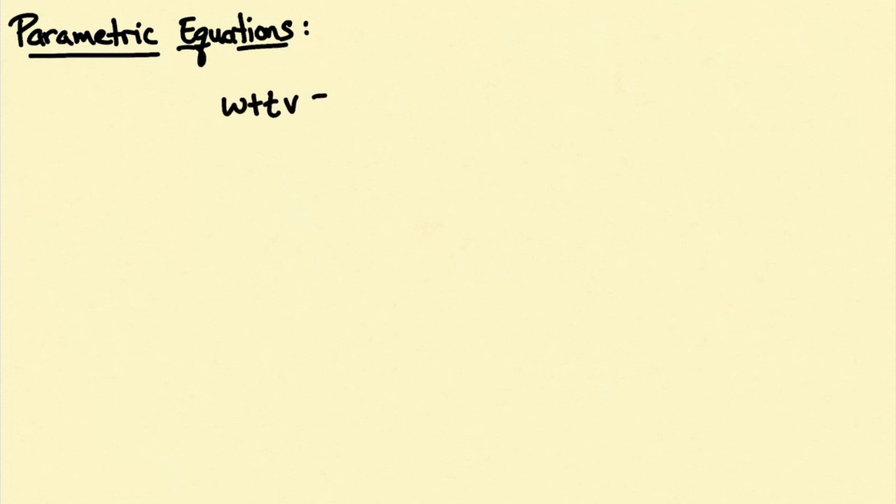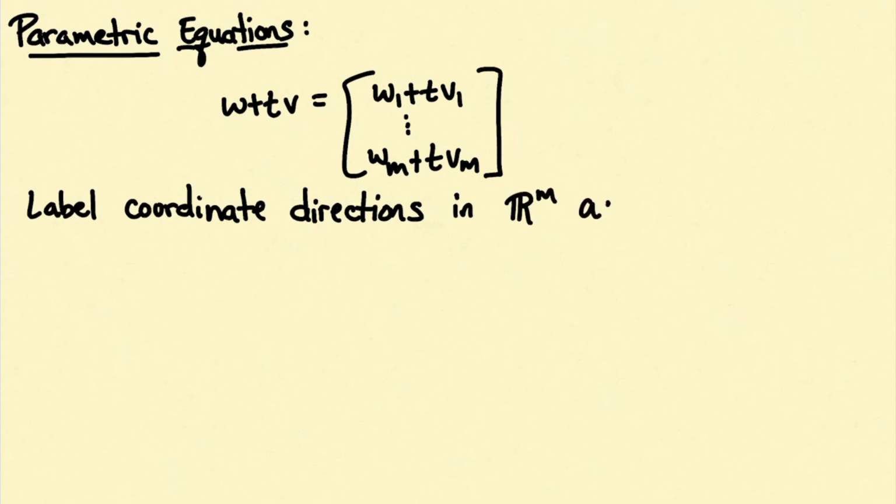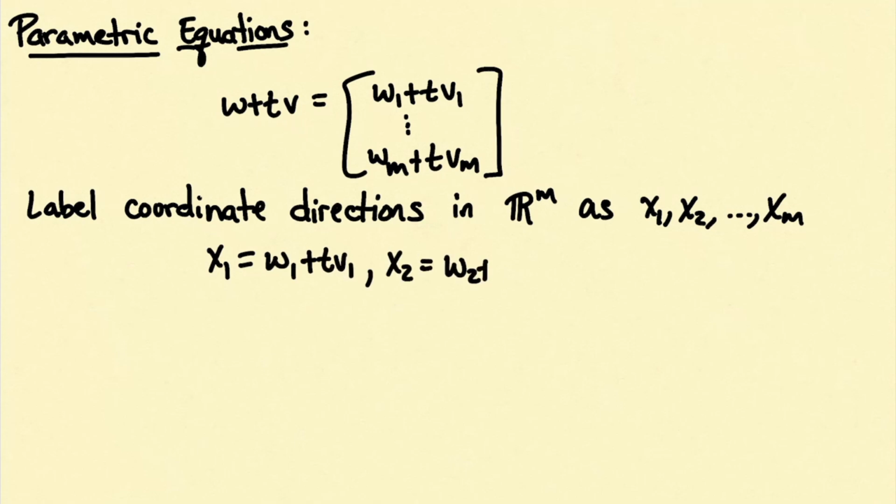So we observe that if we rewrite that expression w plus tv as a single vector, and then we label our coordinate directions in Rm as x1 through xm, then we can specify the same line using m parametric equations. x1 equals w1 plus tv1, x2 is w2 plus tv2, down to xm is wm plus tvm.